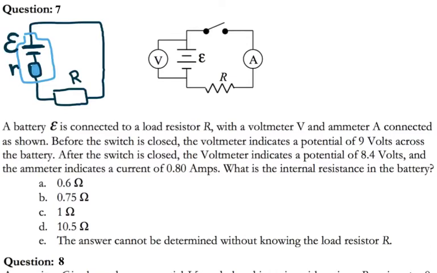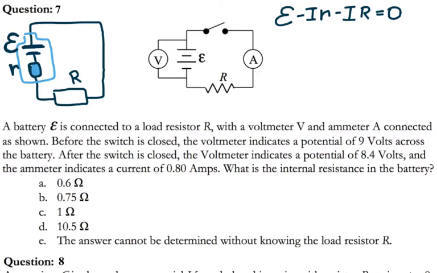So I redrew the circuit, and in this circuit I have in blue the battery, and it has internal resistance of the lowercase r and the EMF. The total voltage in the circuit is dropped and equals 0 at the end. So I have EMF minus the current times the internal resistance, minus the current times the resistor R, equal to 0.